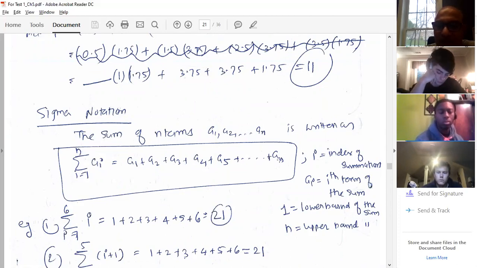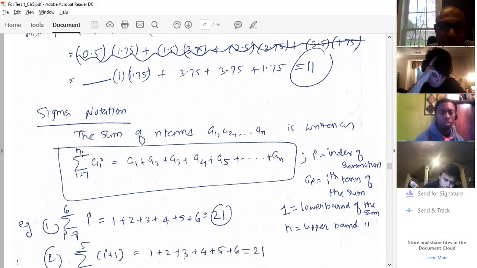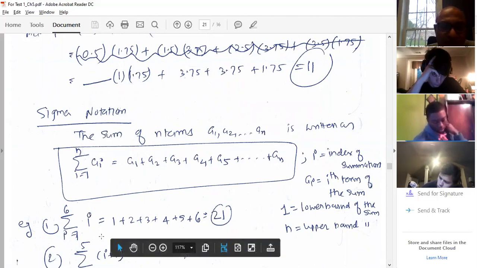You can see over here, i is the index of the summation and a_i is the ith term of the summation. a_1 means first term, a_2 second term, a_3 third term, a_n nth term, right? So 1 is the lower bound of the sum, and n is the upper bound of the sum.